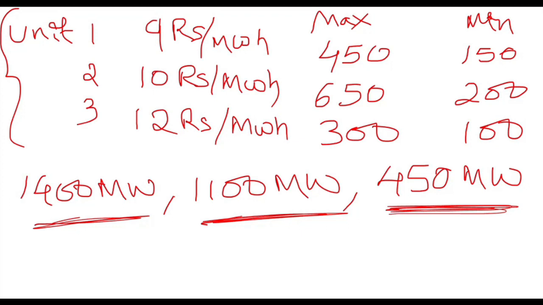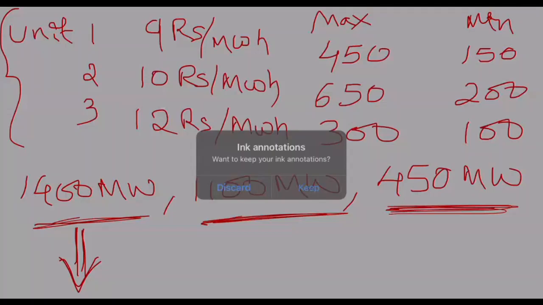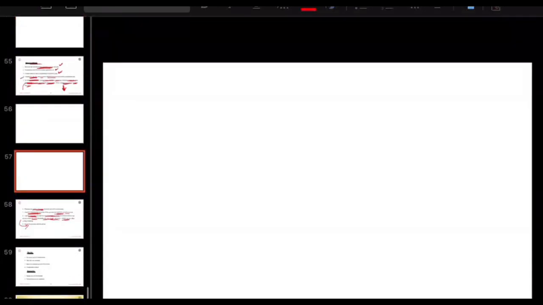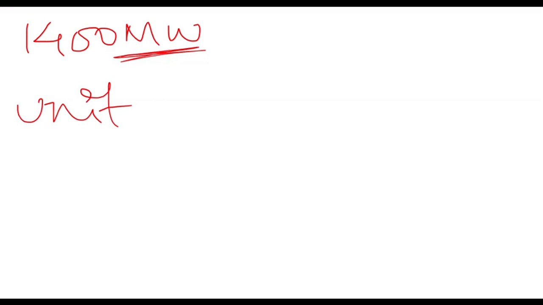So let us consider the first load case, 1400 megawatt. The full load average production cost is already given. For Unit 1, the full load average production cost is less compared to Unit 2 and 3.